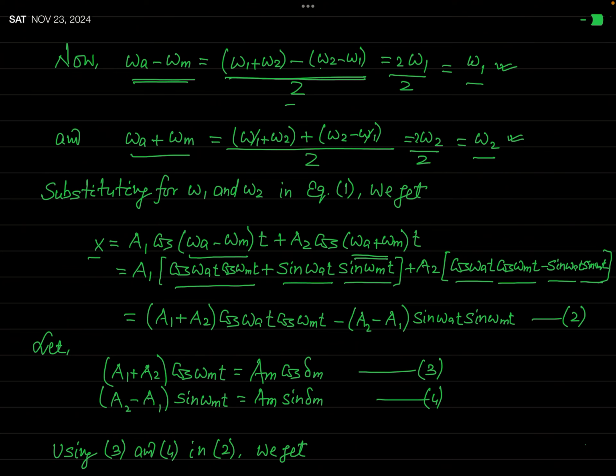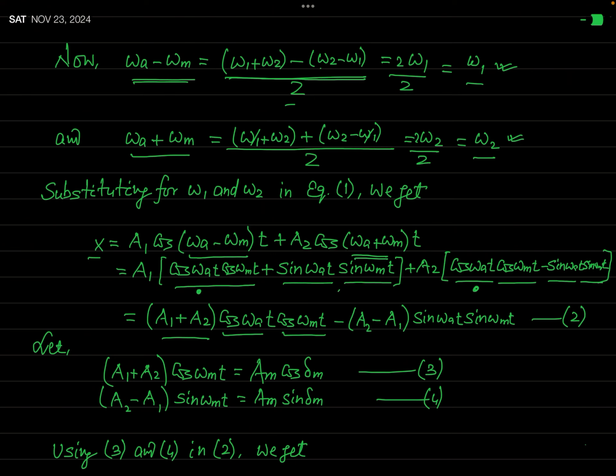Now let us see. When you select the first term inside the first square bracket and the first term inside the second square bracket, you can see cos ωat times cos ωmt is a common factor, and the remaining term will be a1 + a2. So the first term can be written as (a1 + a2) times cos ωat times cos ωmt.